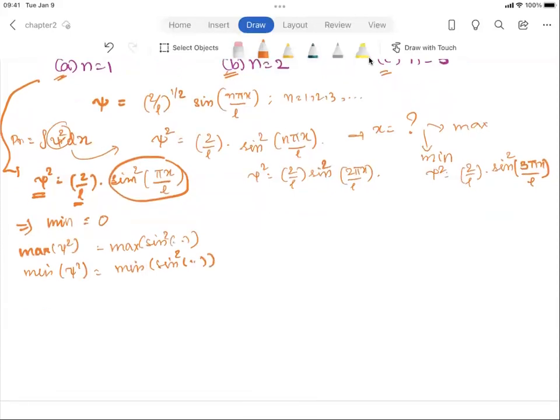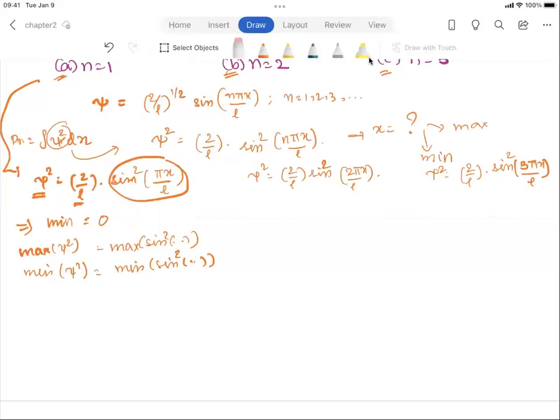So sine, as we know, let's say if this is 0, sine 0 is 0. Sine is an oscillating function and it basically repeats itself after an interval of 2 pi. It tends to repeat itself.